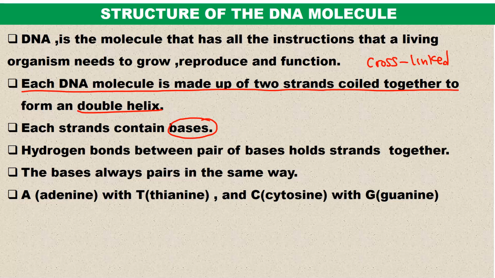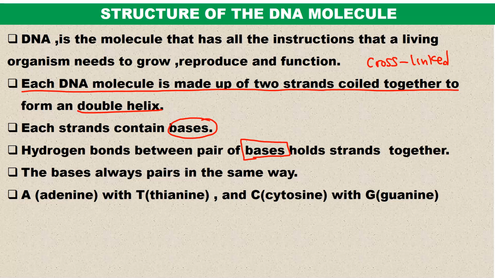The bases always pair, and hydrogen bonds between pairs of bases hold the strands together. The bases always pair in the same way. So what you need to know about DNA is that it is the molecule that has all the instructions that living organisms need to grow, reproduce, and function. In other words, it contains genetic information about what is produced in the body.